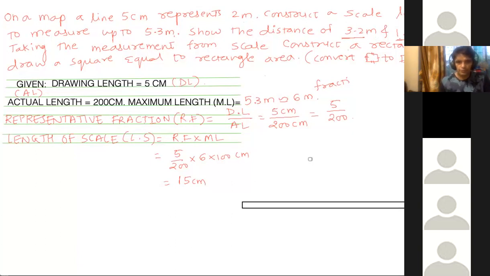So what you need to do is take this angle and divide it into 6 parts. Here I suggest you take 30 degree and a 2 centimeter arc. 1, 2, 3, 4, 5, 6. Got it? And then you join 6 to this.